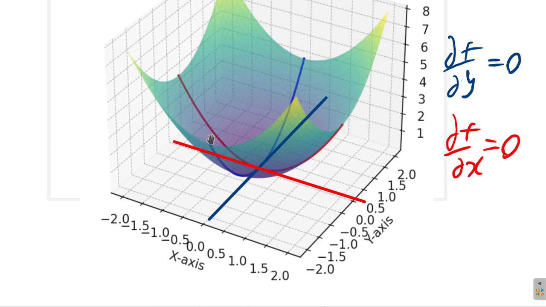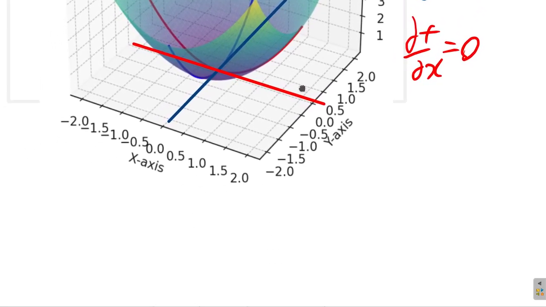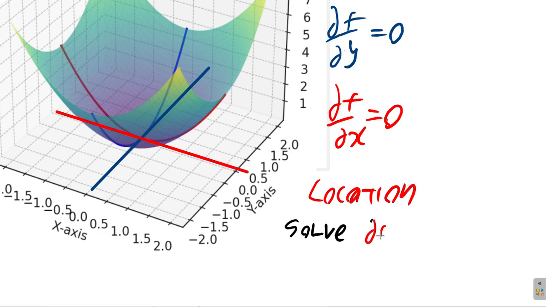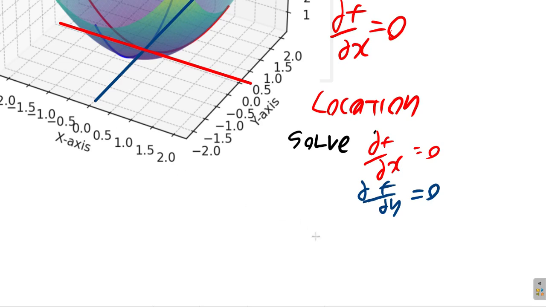Now, in order to find the location of that stationary point, what you need to do is solve both delta f by delta x equals 0 and delta f by delta y equals 0, and it will be a pair of simultaneous equations.